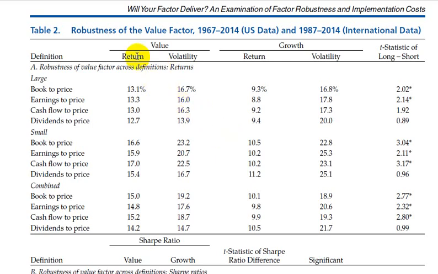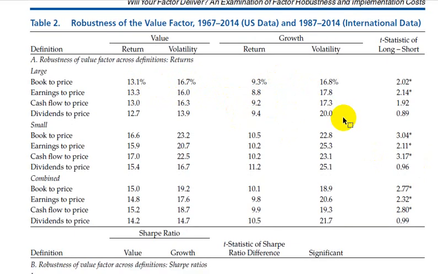And we see at first glance, yeah, the value companies outperformed the growth companies in all cases, and in a lot of the cases for the different valuation measures, the t statistic is significant, so we could be confident that they did likely at a 5% level outperform growth companies.